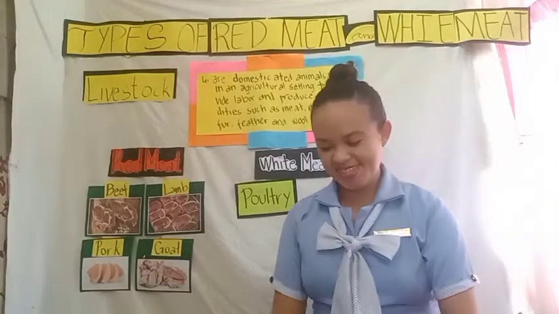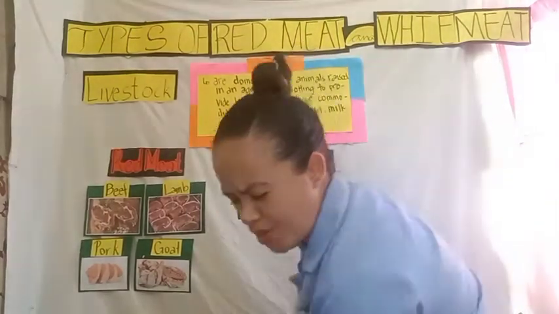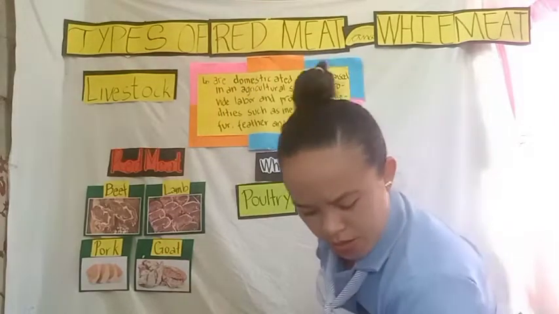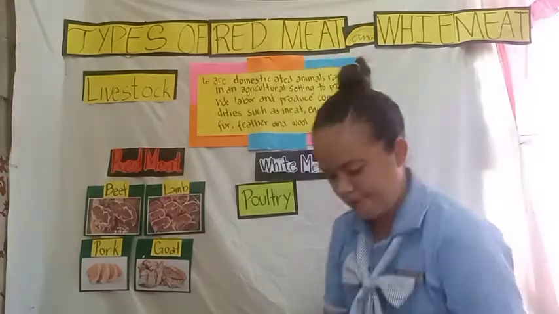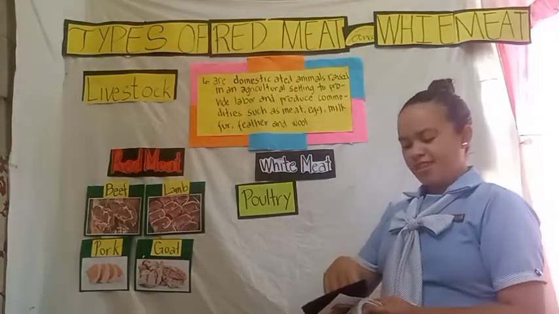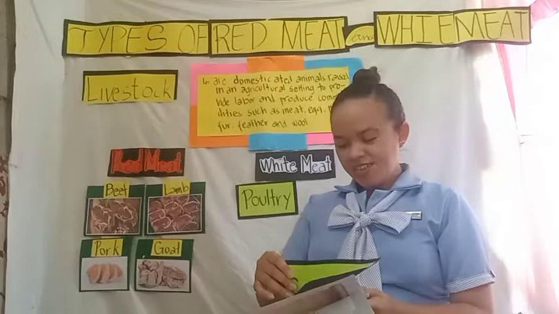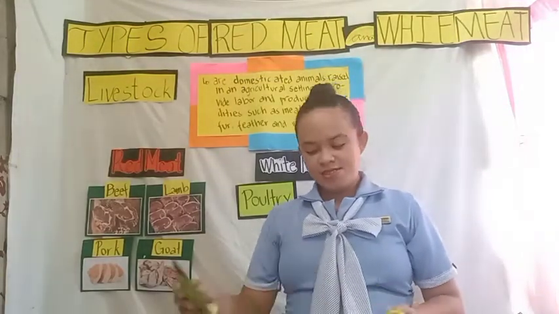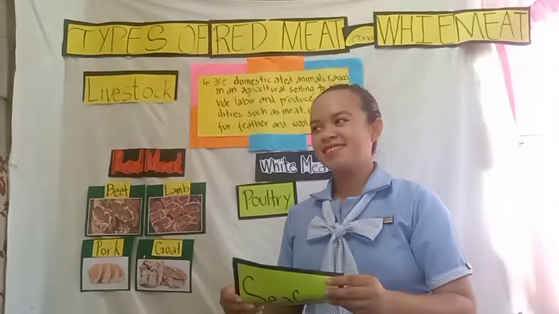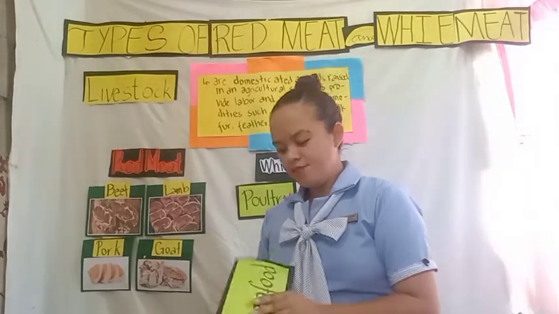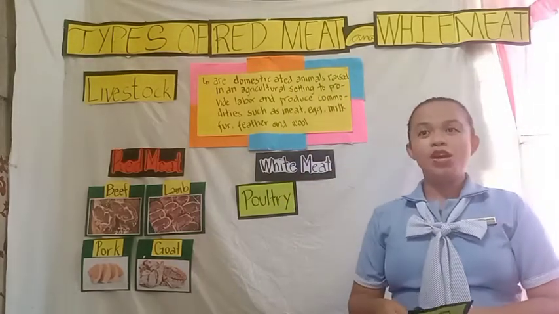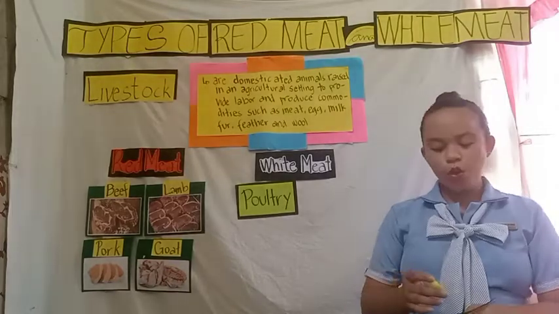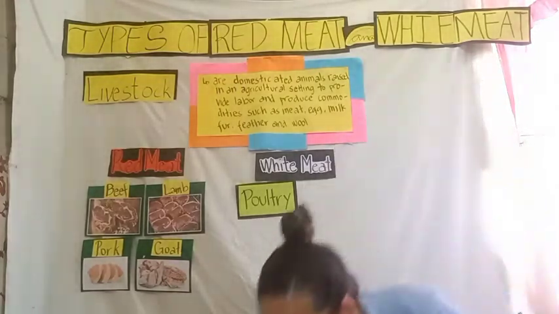What do you remember when we say poultry? Okay, exactly, Miss Angel. That is the chicken. What else? Duck. Okay, what else? Okay, turkey. Very good. That's good to hear that you knew what the poultry animals are.